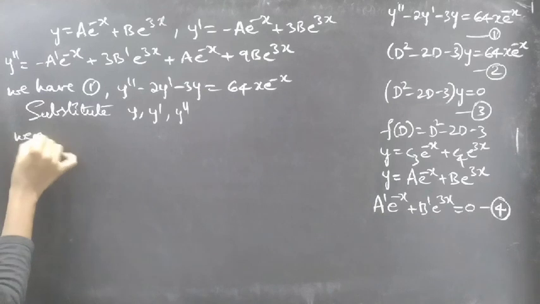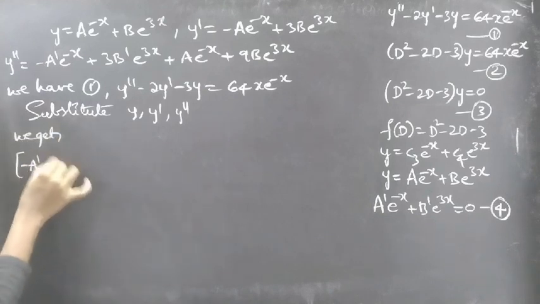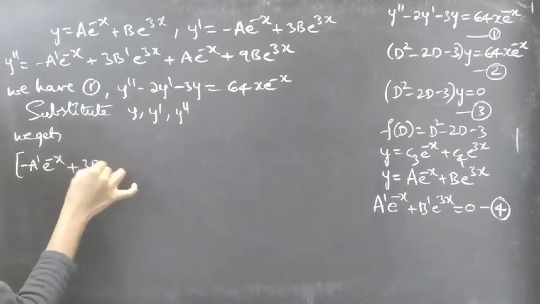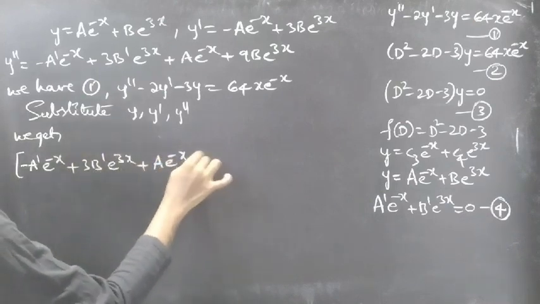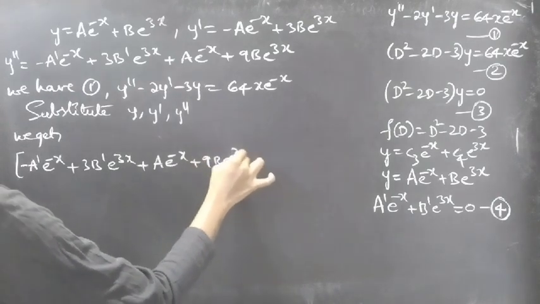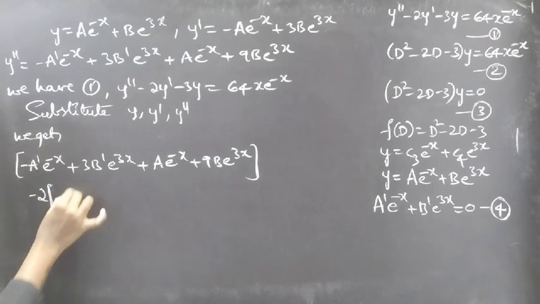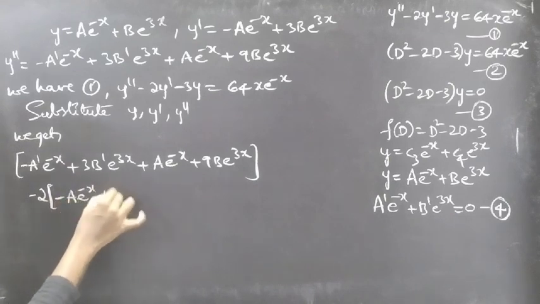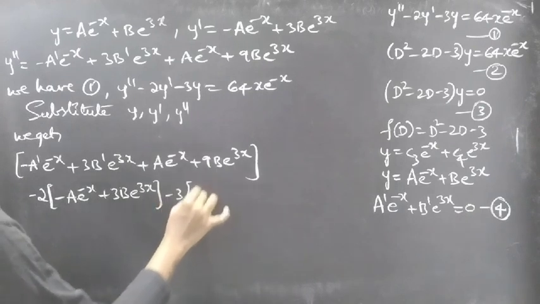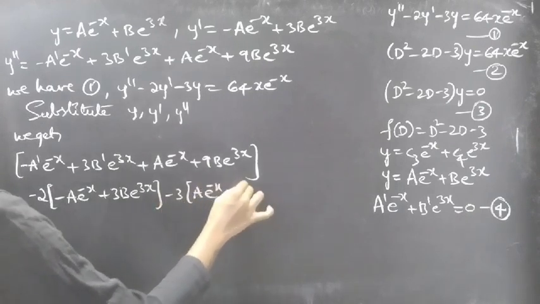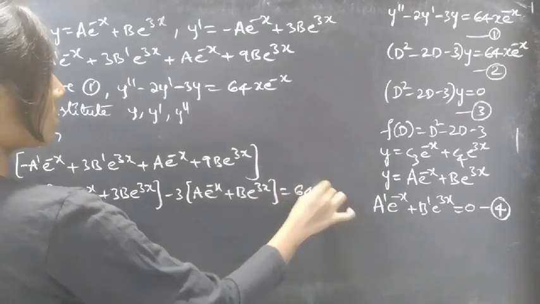We get minus a' e^(-x) plus 3b' e^(3x) plus a e^(-x) plus 9b e^(3x) minus 2 times (minus a e^(-x) plus 3b e^(3x)) minus 3 times (a e^(-x) plus b e^(3x)) equal to 64x e^(-x).